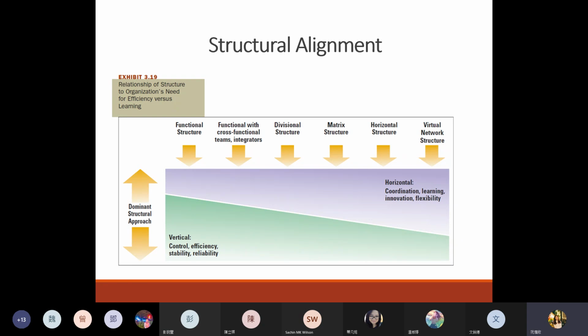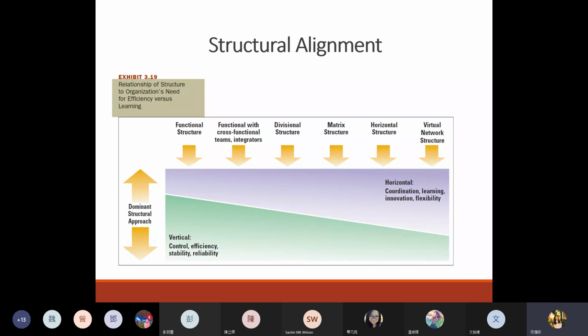Like we mentioned before, when we emphasize vertical, we emphasize control, efficiency, stability, and reliability. And horizontal is to promote learning, innovation, adaptation, related to the organic mechanism, like we studied before.